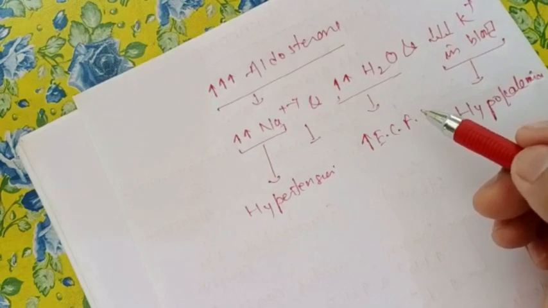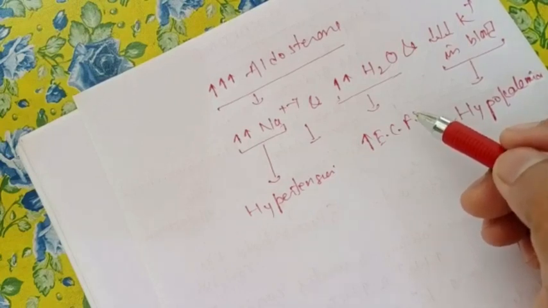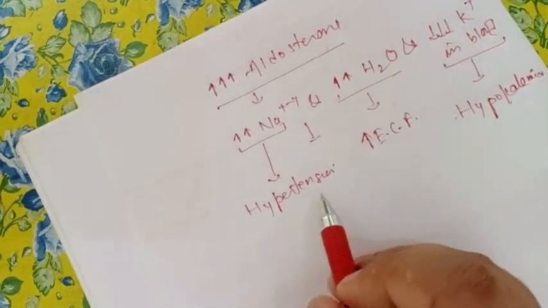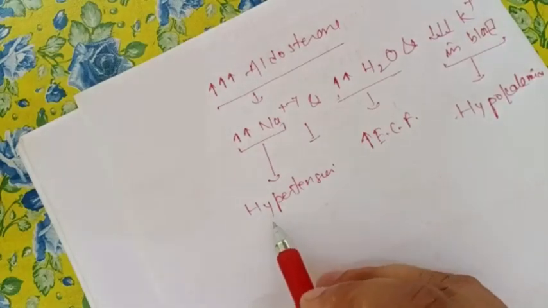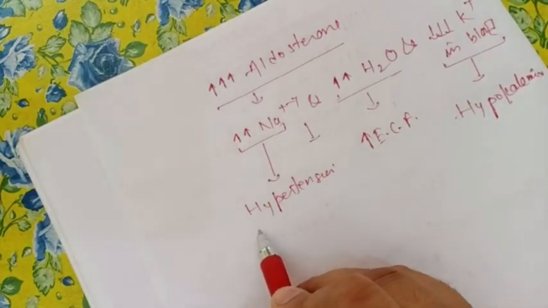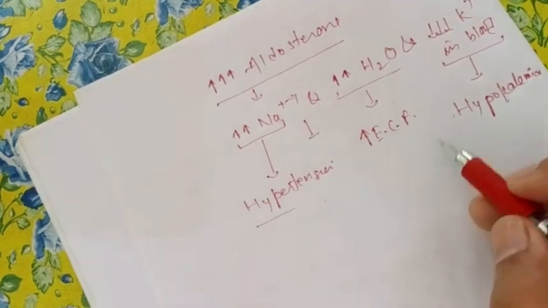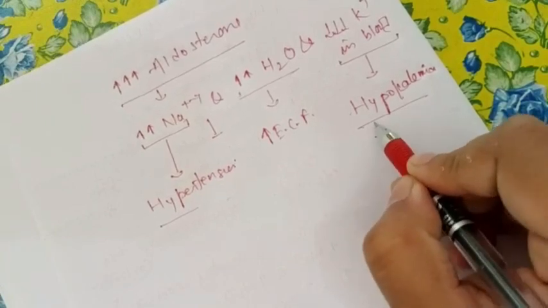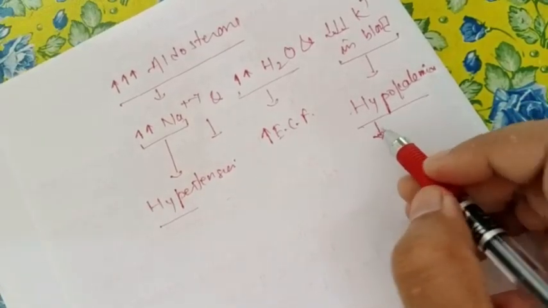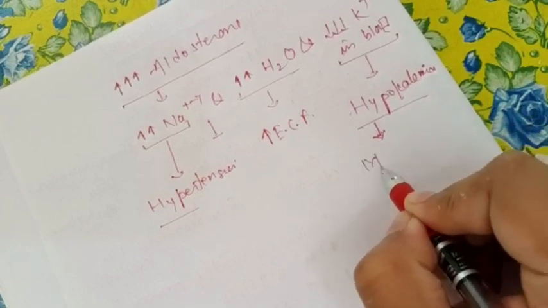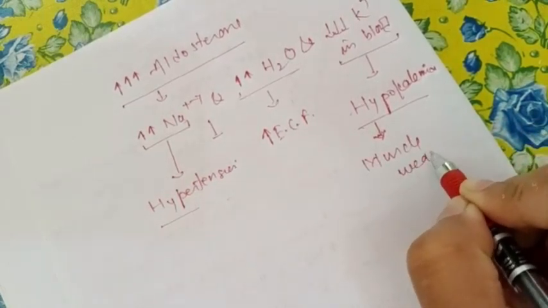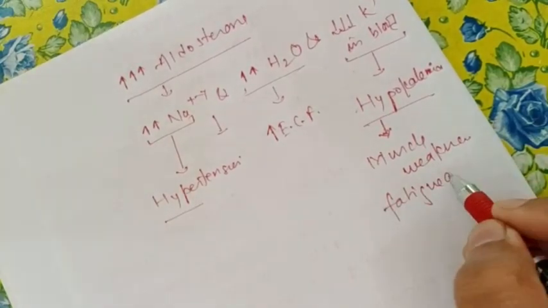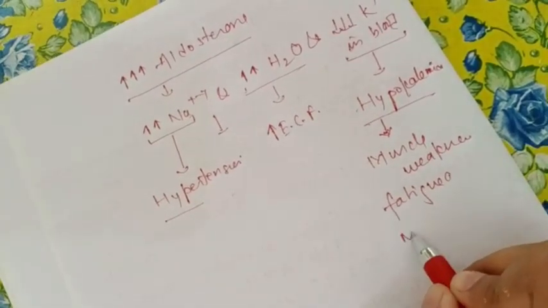Now, the patient will come with the symptom of hypertension, or symptoms because of the hypokalemia or the increased ECF. Since hypokalemia is there, because of the potassium loss from the body, there would be muscle weakness, fatigability, fatigue in the patient, and there will be metabolic alkalosis.